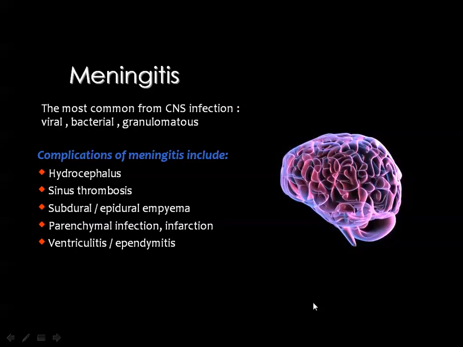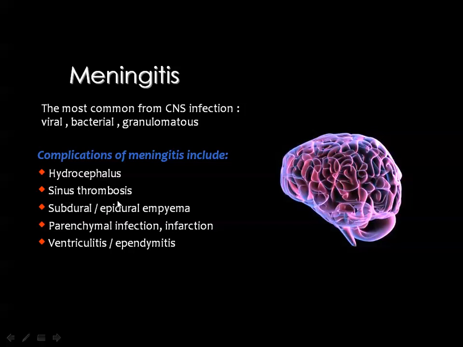Then we come to the issue of meningitis. Any meningitis can be caused by viruses, bacteria, or granulomatous lesions. And meningitis may result in hydrocephalus, which is of the communicating or obstructive type.